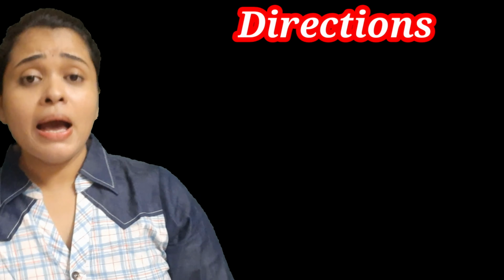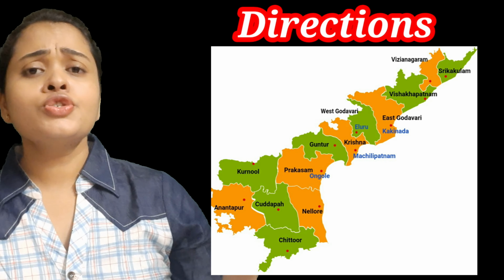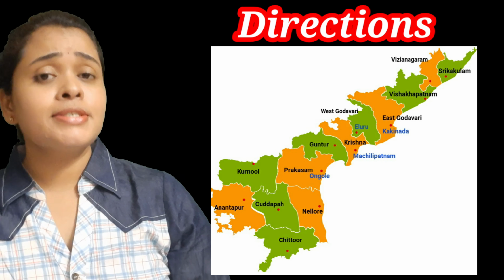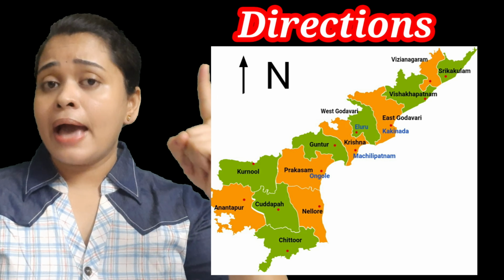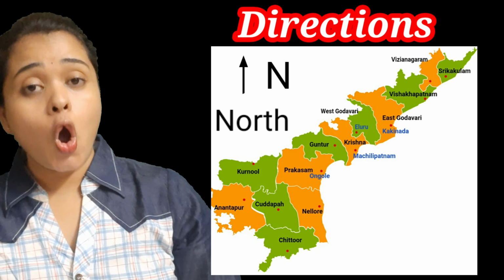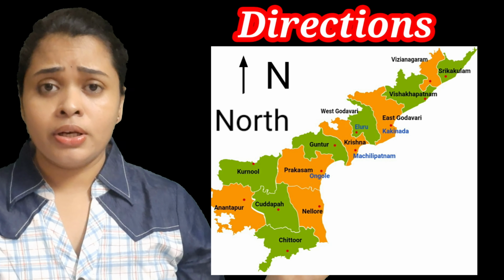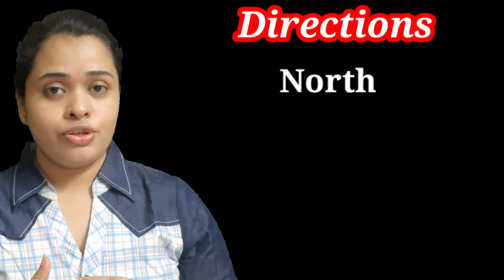Directions. Maps also contain information about directions. On most of the maps, we can see an upward arrow with letter N. This is north direction. Once we know the north direction, we can identify the rest of the directions.